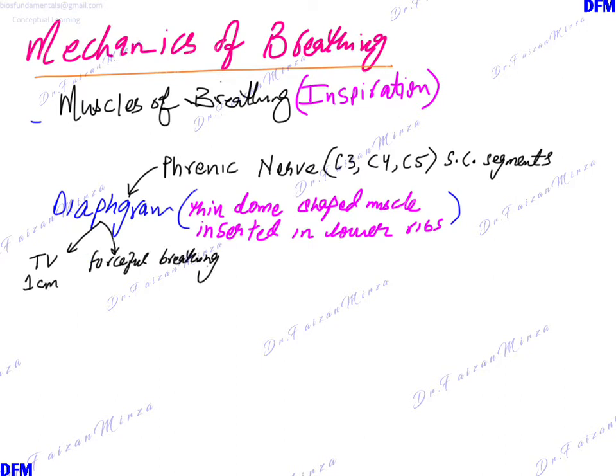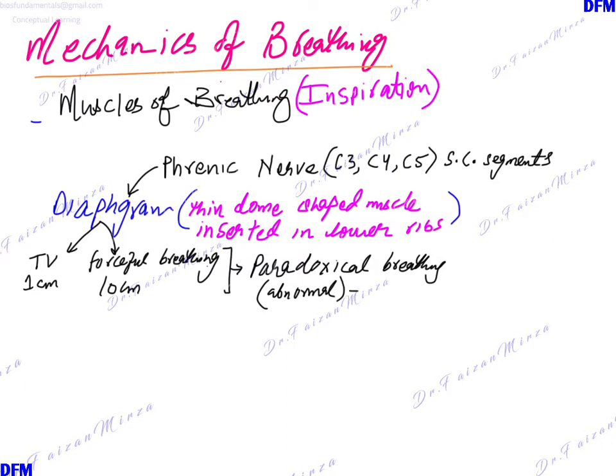vertebral column. The diaphragm can move 1 centimeter in tidal volume and up to 10 centimeters in forceful breathing. So you can see the immense difference it can create inside the thoracic cavity. The change in volume can be enormous just by the movement of the diaphragm. A breathing pattern called paradoxical breathing is a highly abnormal pattern of breathing.